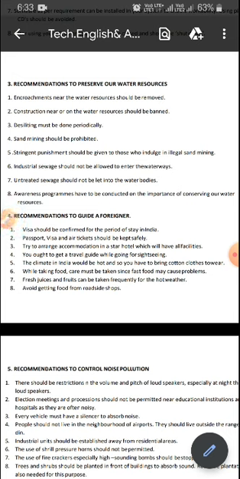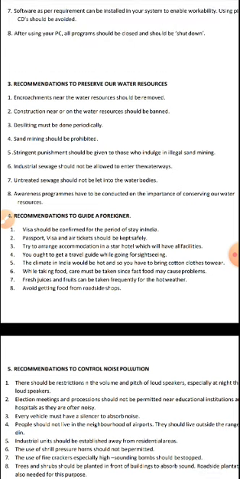Recommendations means it's a suggestion you're going to give to complete a process.